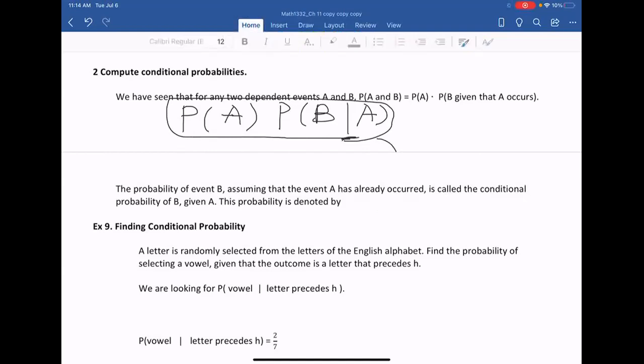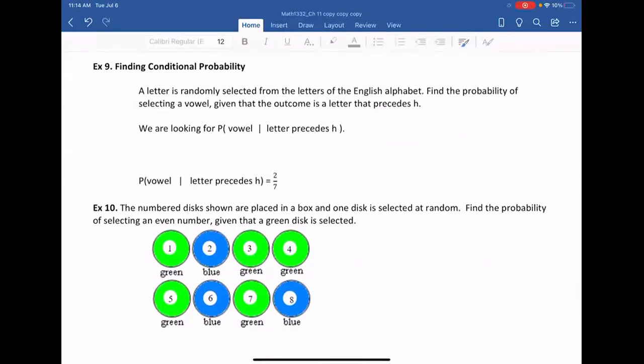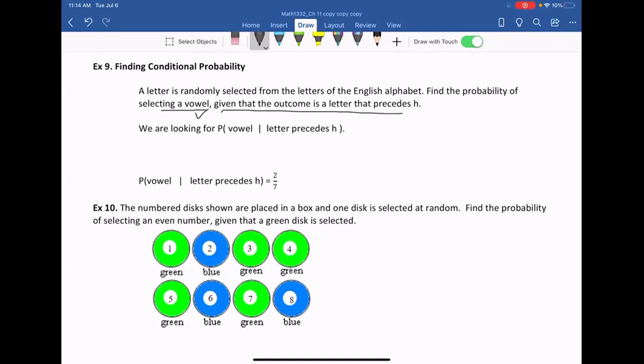Okay, let's move on to see some examples. Finding conditional probability. A letter is randomly selected from the letters of the English alphabet. Find the probability of selecting a vowel, given that. So this is event A, I should say. Given that the outcome is a letter that precedes H. Right now, how to express this?